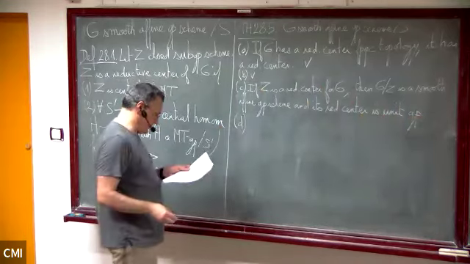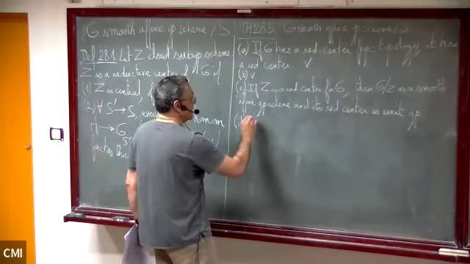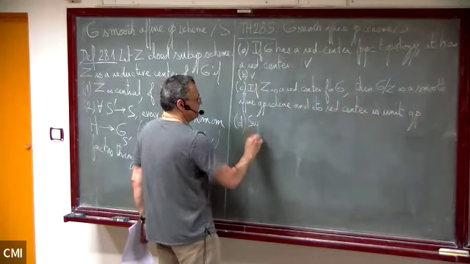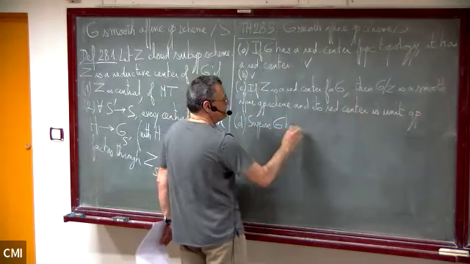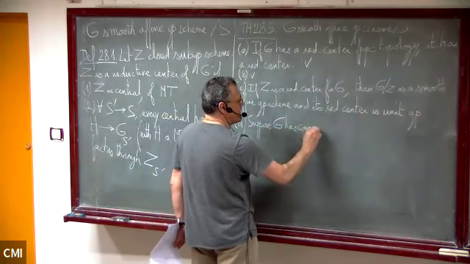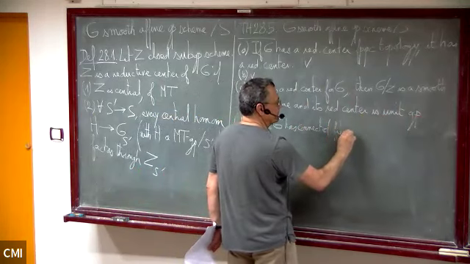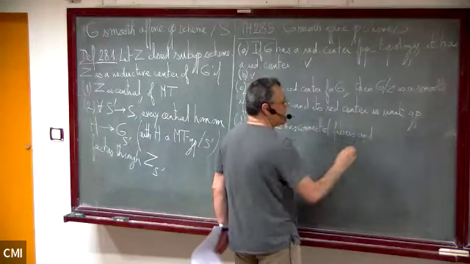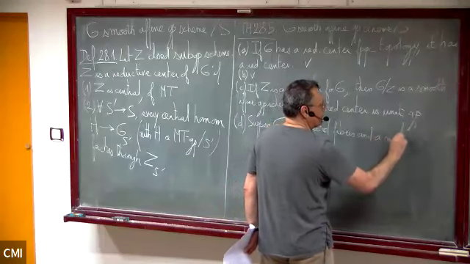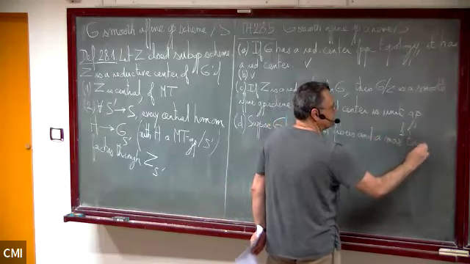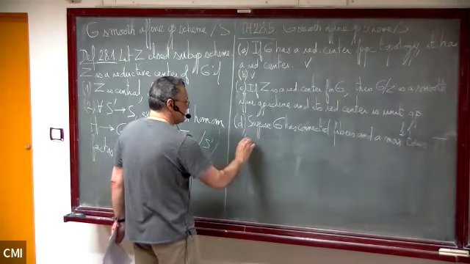And now we have assertion D. So suppose G has connected fibers and a maximal torus T. Then we have two assertions.